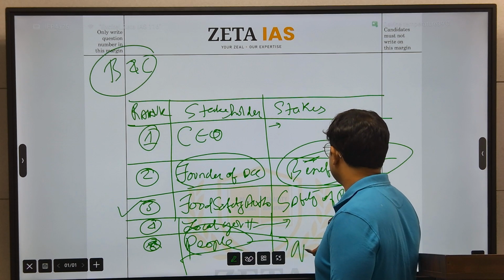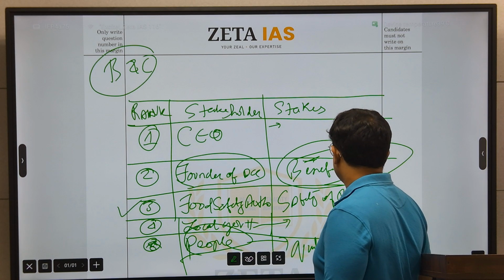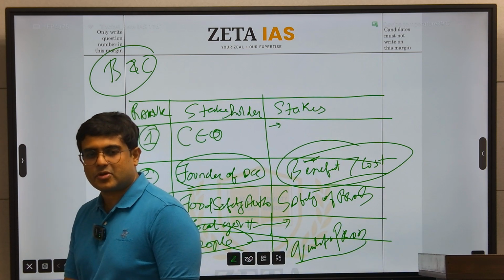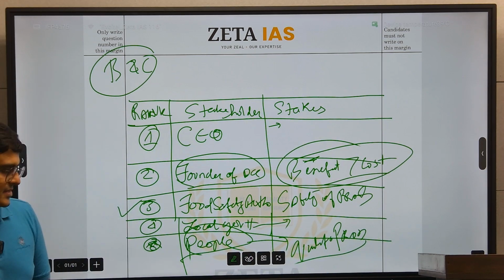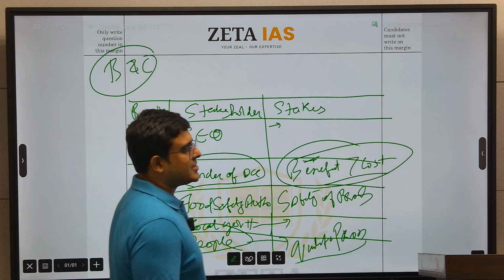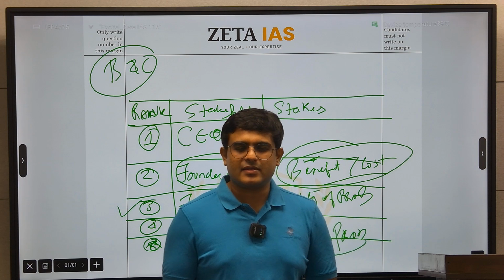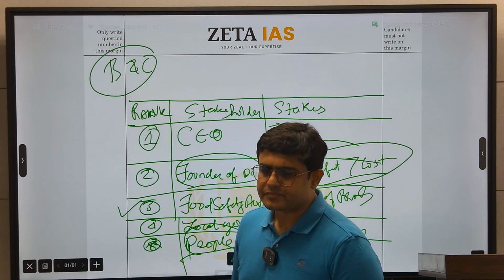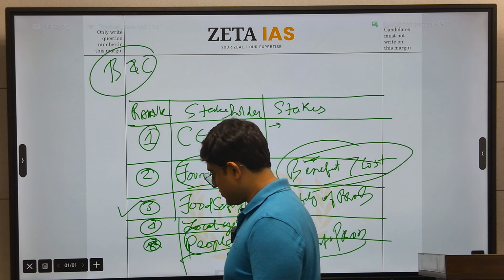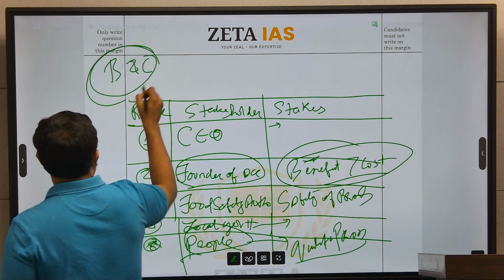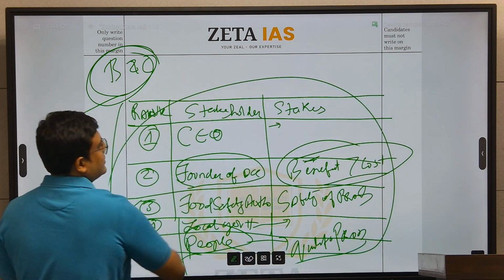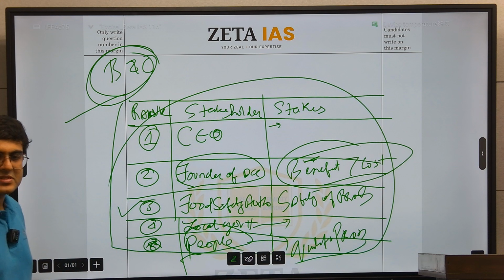People's stakes are quality of product, safe product to consume, cost effective product, value for money products, those are their stakes. Another, you can also write those employees who are working at the Delicious Cola company, who may get unemployed if the product doesn't get through. So this way you can combine B and C together. See, so little space and everything has come. This is the smart way of writing.